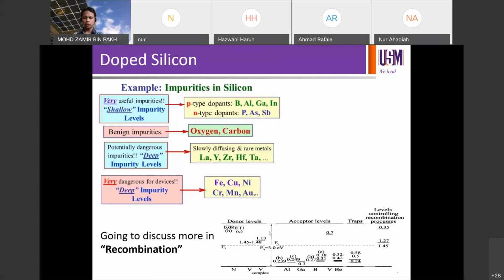Deep impurities represent trap states or recombination centers in the band gap, which will eventually suck your electrons and holes and force them to recombine in a process that we call annihilation. As a result, your carriers will be removed from your semiconductor and will affect your semiconductor operation badly.